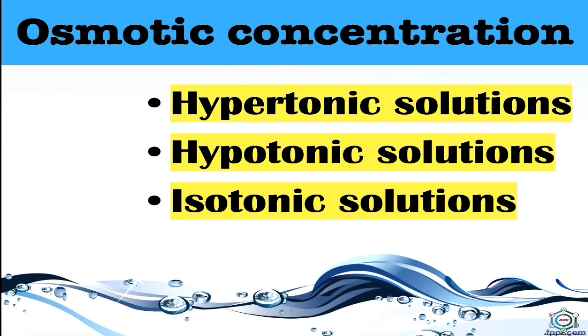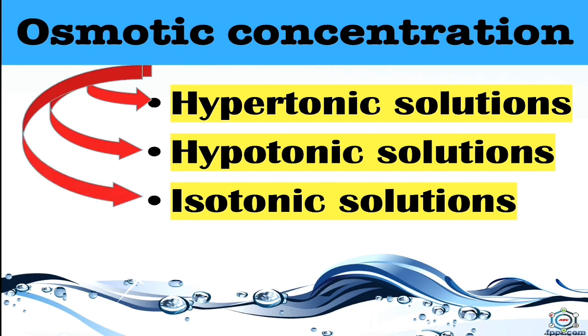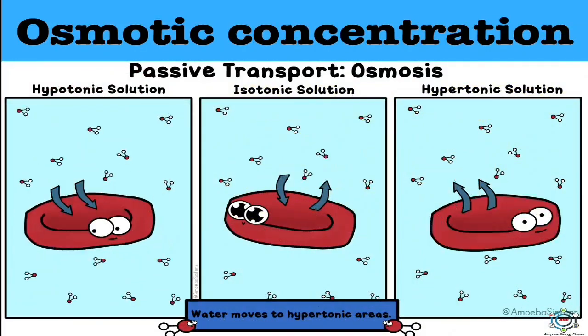There are three types of tonicity that one solution can have relative to another: hypertonic solutions, hypotonic solutions, and isotonic solutions. So, what is hypertonic, what is hypotonic, and what is isotonic? Now, see here.